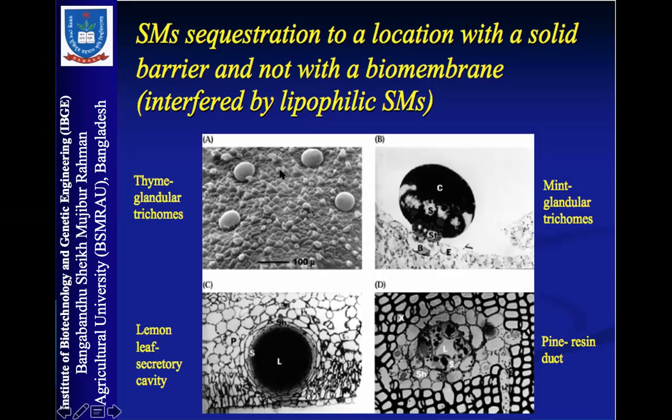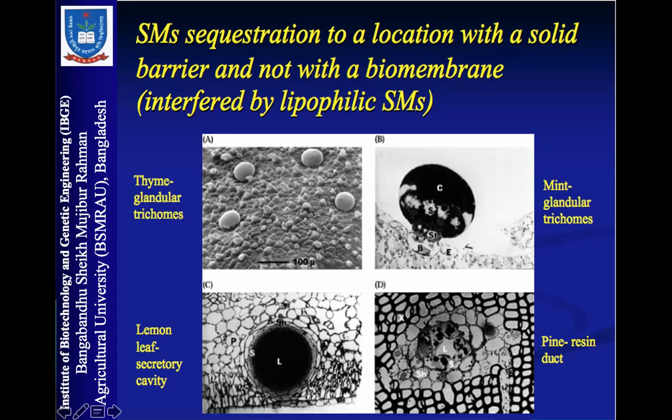Here you can see thyme glandular trichomes under a scanning electron microscope, filled with chemical substances. If you crush a lemon leaf, it contains this type of secretory cavity full of different kinds of aromatic volatile terpenoidal compounds, so you can get a strong aroma.